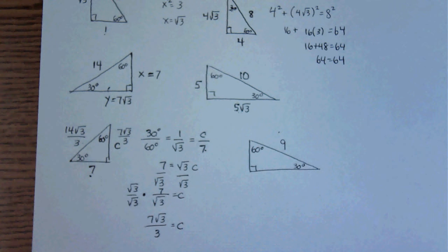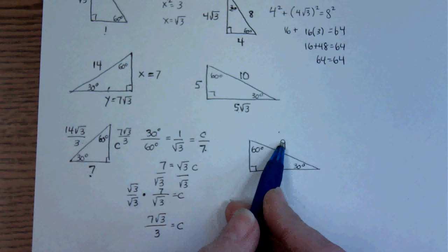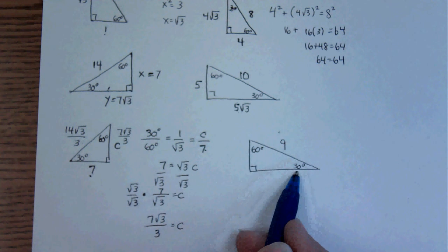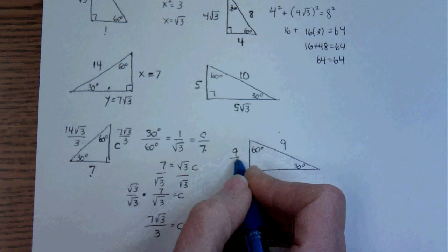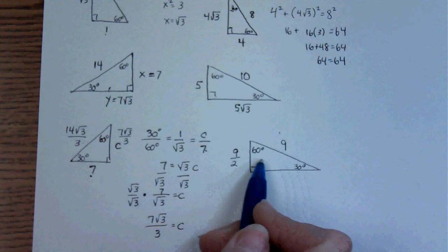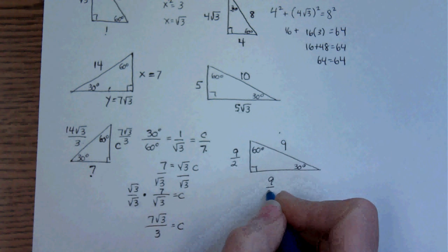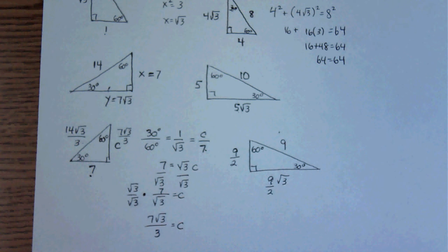Unfortunately, 9 is twice as much as something because it's in the hypotenuse spot. 9 is twice whatever, well, it's twice 4.5. So across from the 30 is half of 9. And across from the 60 is supposed to be whatever across from the 30 is times the square root of 3 from the ratio. And I can get those 30, 60, 90 triangles every time just like that without having to do the Pythagorean theorem, without needing a calculator.